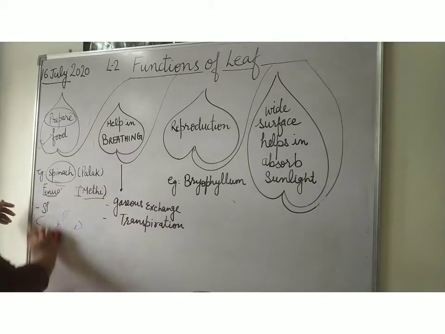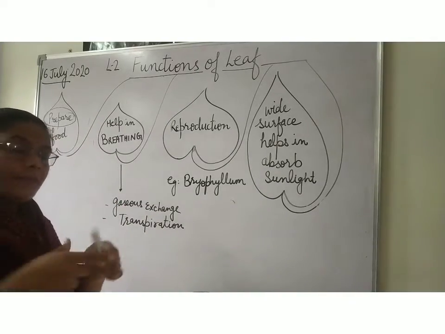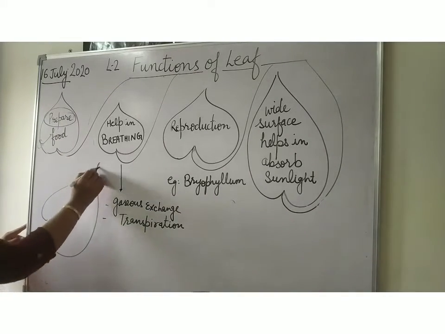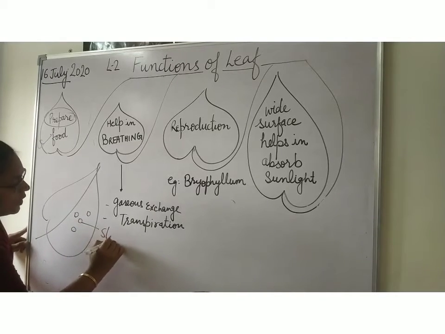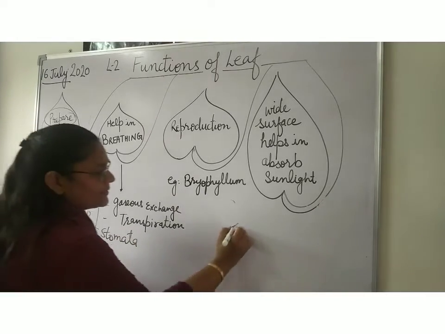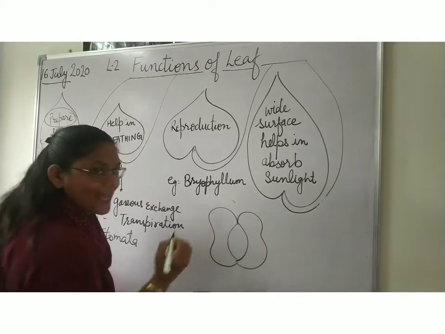So how do the leaves help in breathing? You all know on the surface of the leaf the stomata are present. This is the leaf. At the lower surface of the leaf a small opening is present which is called stomata. It looks like this. This is the small opening and guard cells are present on both sides.